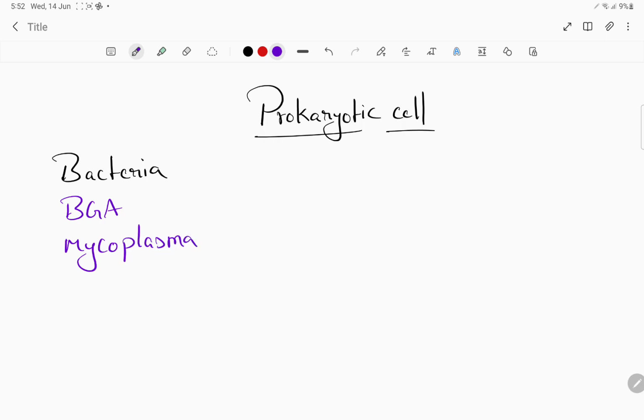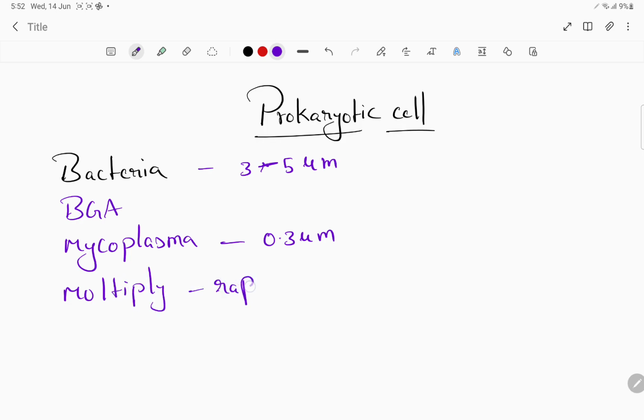All the three will come under the prokaryotic. So coming to the mycoplasma, the size is 0.3 micrometers and bacteria is 3 to 5 micrometers. They are generally smaller and multiply very fast. Multiply rapidly.